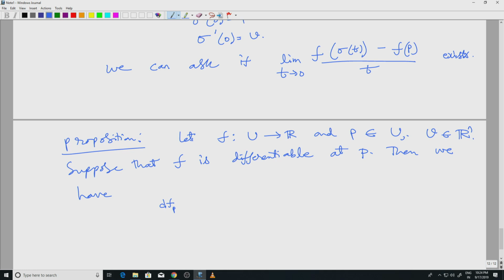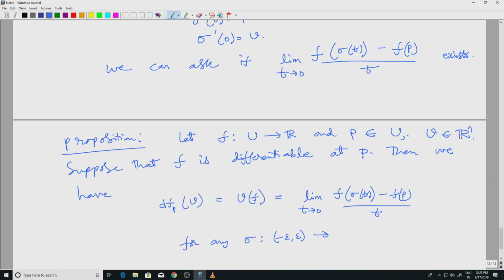So, f is differentiable, then we have dfp, the derivative as a linear map acting on this vector v, is the same thing as the directional derivative of f along the direction v, so same as v of f, and which is also the same thing as the limit t going to 0 of f of sigma t minus f of p divided by t, for any sigma from minus epsilon to epsilon with sigma 0 equals 0, sigma prime 0 equals v.